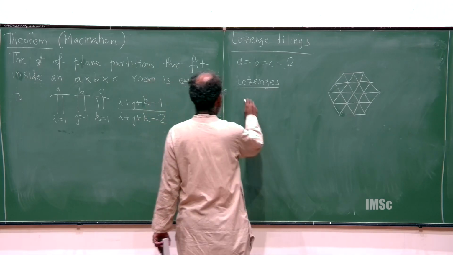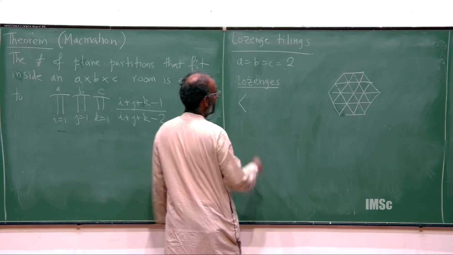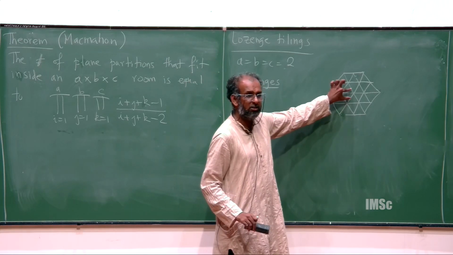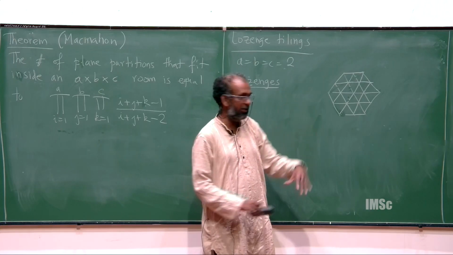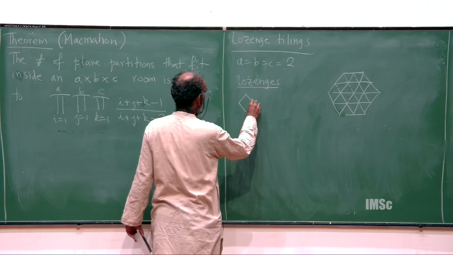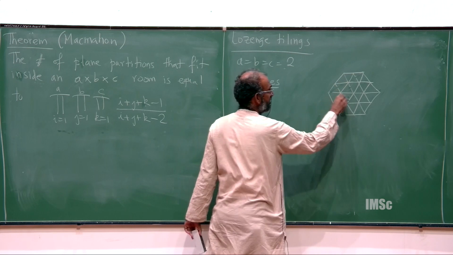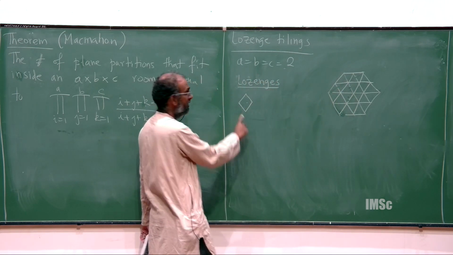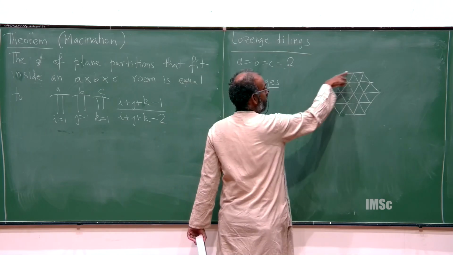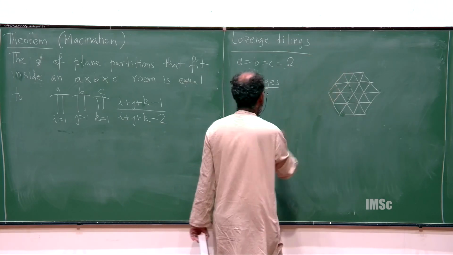So what are the lozenges? Lozenges are 2 contiguous triangles, and there are 3 possible ways they can be arranged. One is this, like here, you see there are copies of this. Then you have this rhombus which faces in that direction.